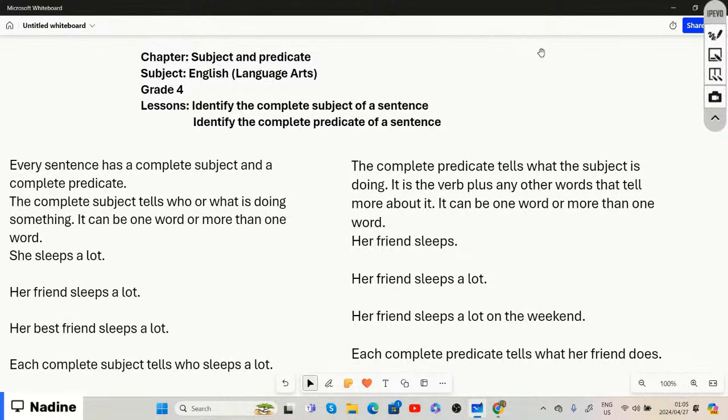All right. So when it comes to subject and predicate, right? Before we go on to the subject, every sentence has a subject and it has a predicate, right? So every sentence has a subject and every sentence has a complete predicate.